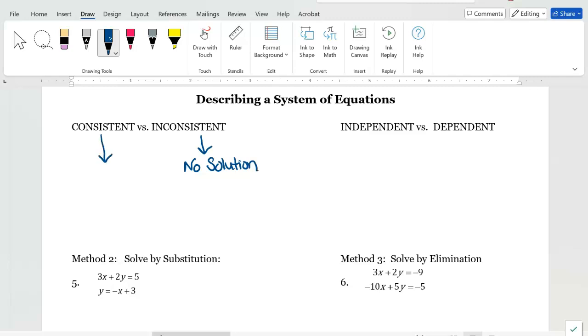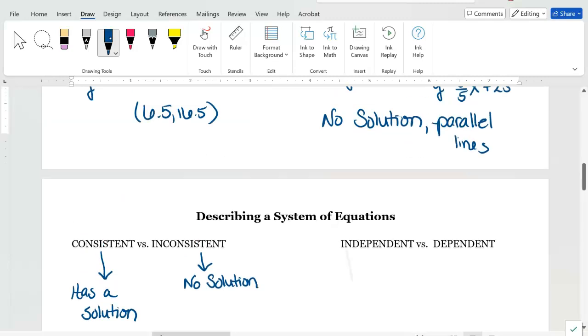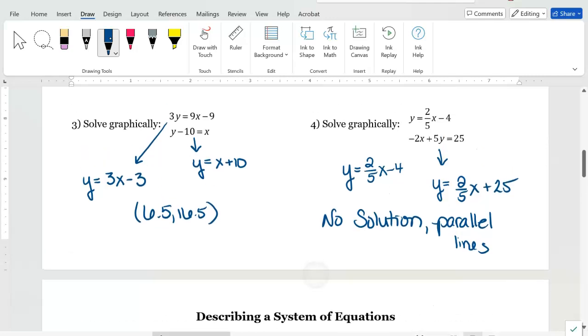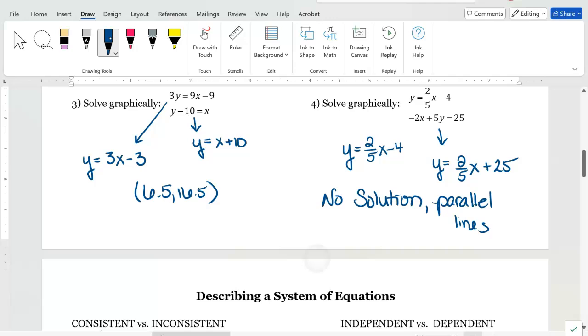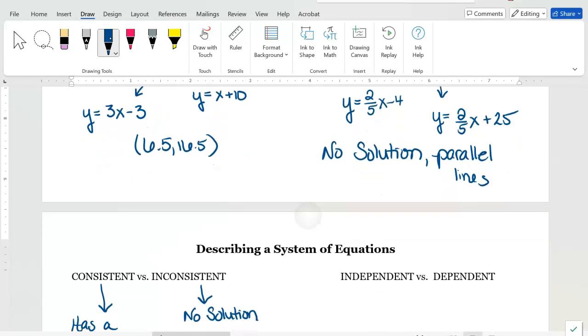A consistent system, which I know is hard to say pretty fast, right, has a solution. So in the ones that we just finished, number 3 would be considered consistent because there's a solution, and number 4 would be considered inconsistent.